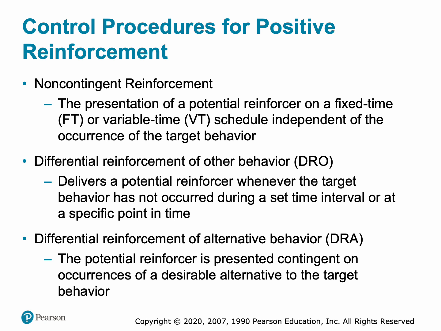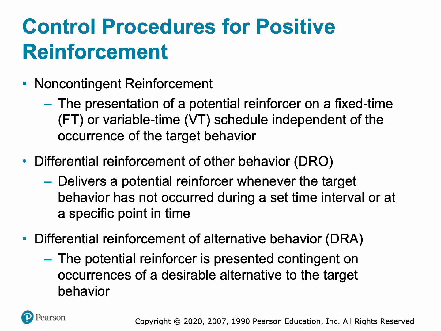So differential reinforcement of other behavior is when we deliver a reinforcer when the target behavior has not occurred during a specific interval or at a specific point in time. So basically you're reinforcing the absence of the behavior. So as long as any other behavior has occurred, but not the specific target behavior, then we can deliver reinforcement.